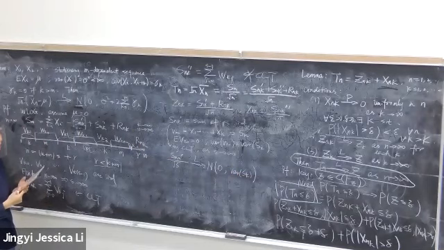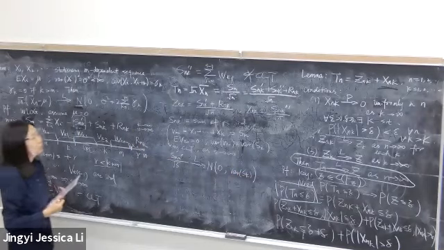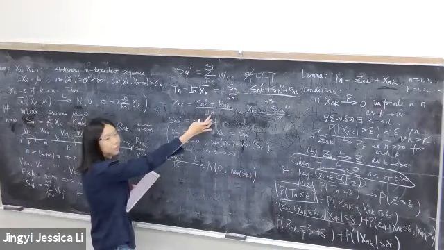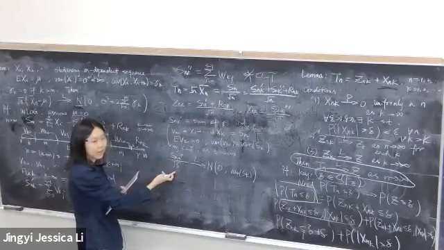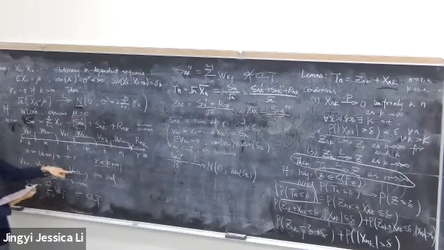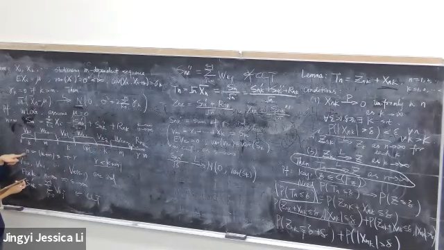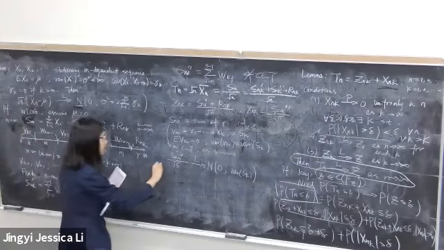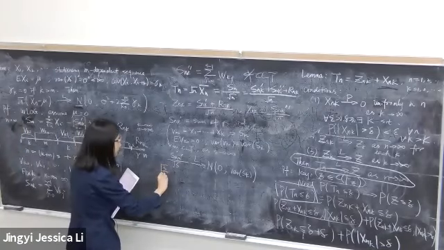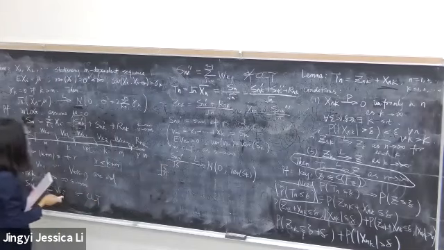Okay, and how do we relate this to root n? Root n is what we need, but we have root s here. What's the relationship between s and n? That's this relationship. When we divide n to this side, what is the square root of s divided by n?